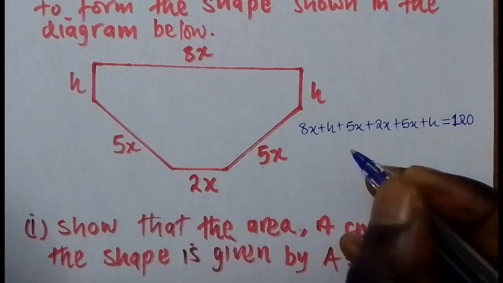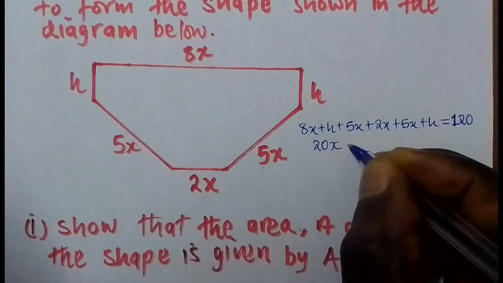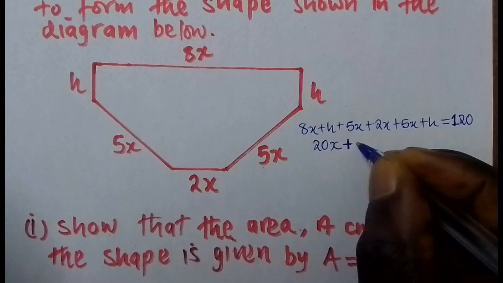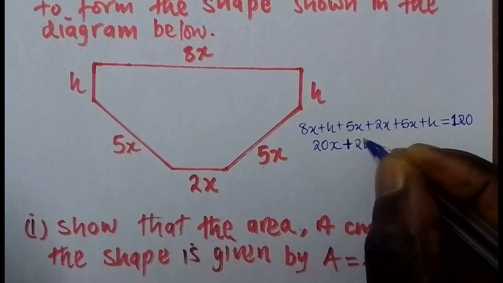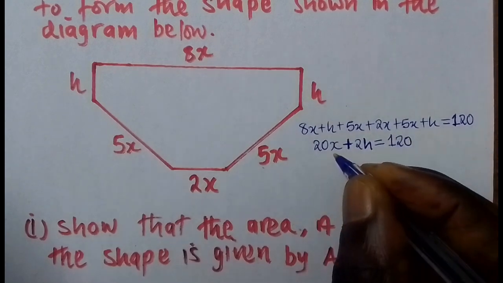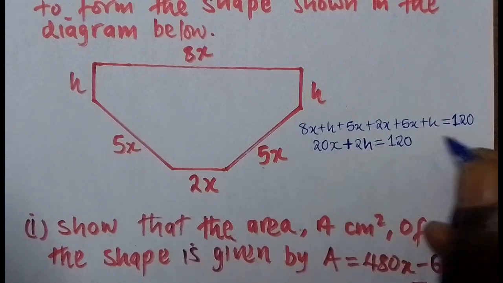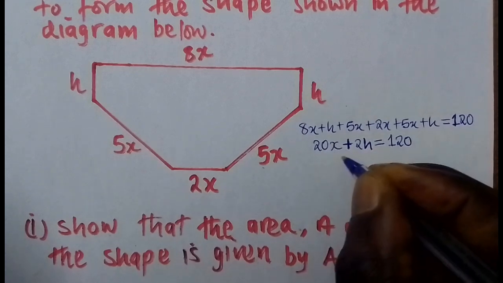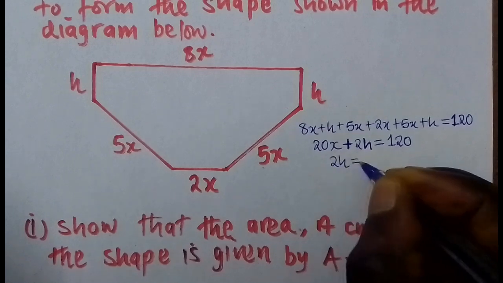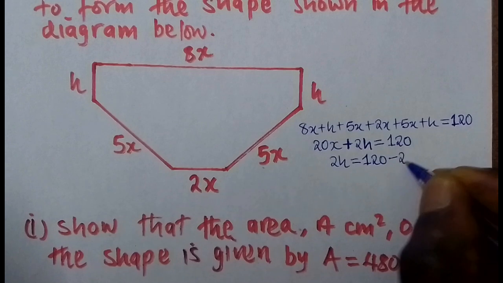So this gives us 20x. Then plus h plus h, this gives us 2h. And all this is equal to 120. To get this equation in terms of h, we are going to take 20x to the right. So we'll remain with 2h equal to 120 minus 20x.